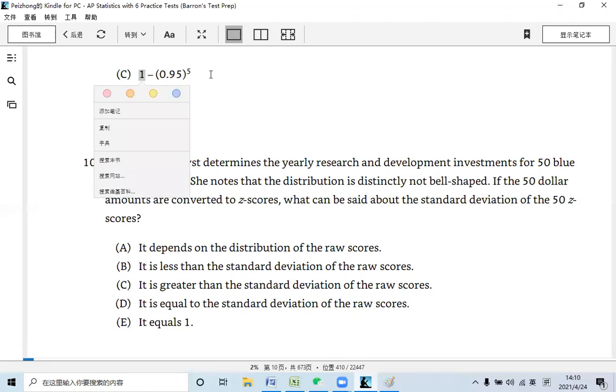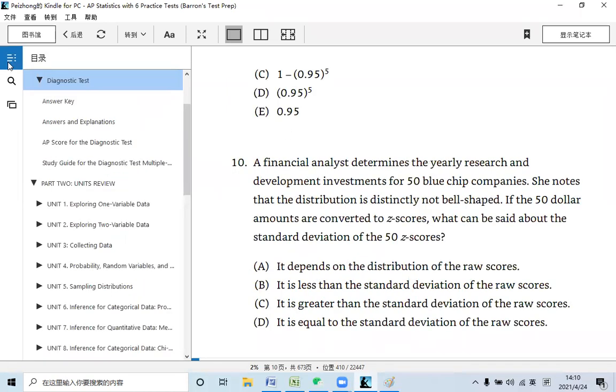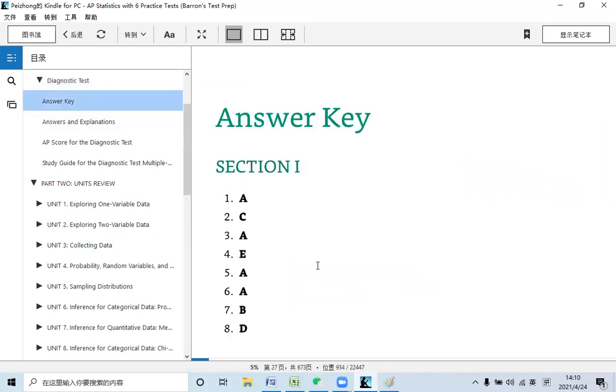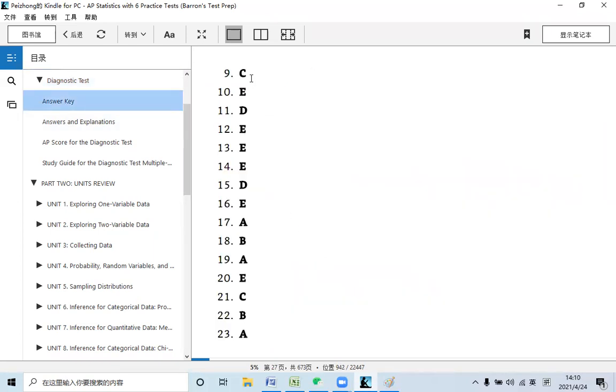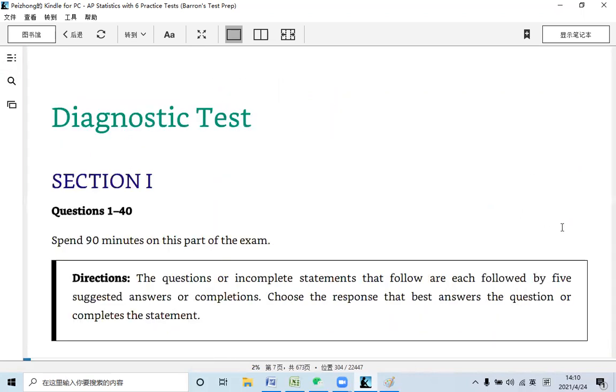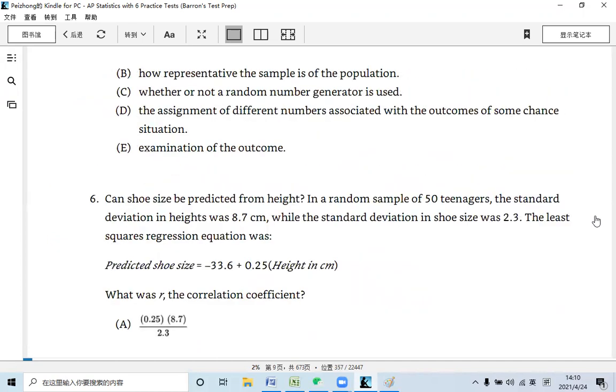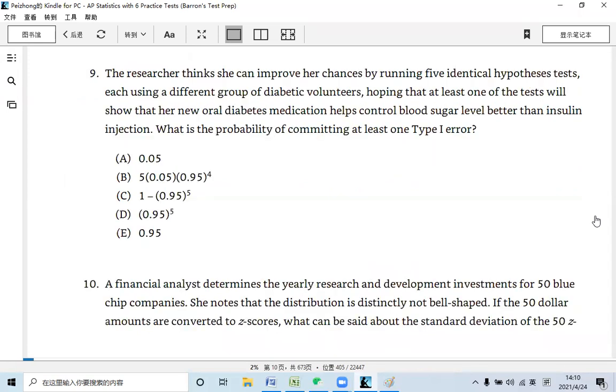And the complement would be at least 1. This is a smart way to solve the problem. Let me check the answer key. So that'd be question 9, right? Yeah, question 9 is C, at least 1. That's really a clever question.